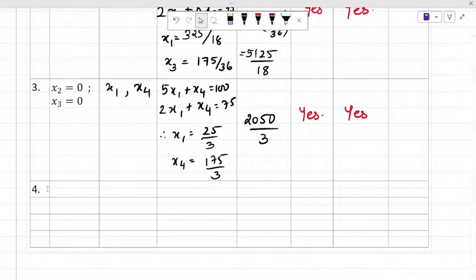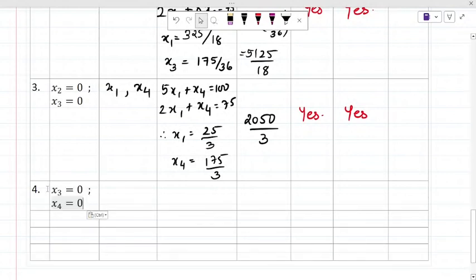The variables that we are now going to put 0, let's say x2 and x3 we did. Yeah, so we now take x1 and x4 to be 0. So when we take x1 and x4 to be 0, the variables that are remaining, x2 and x3, are going to be our basic variables.